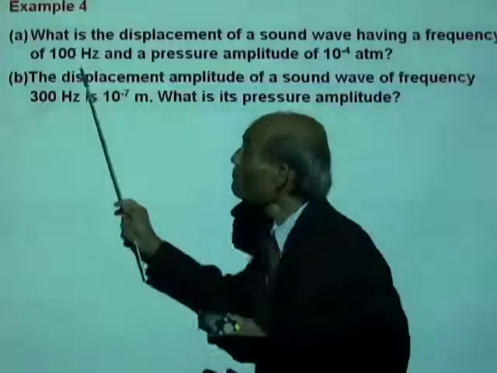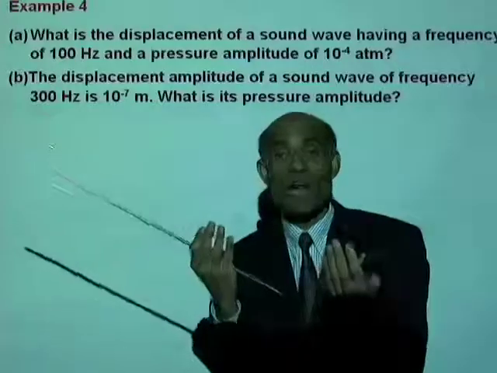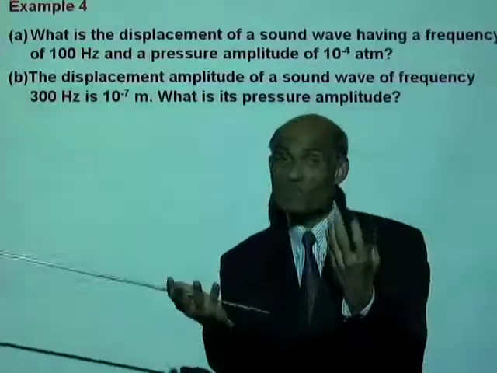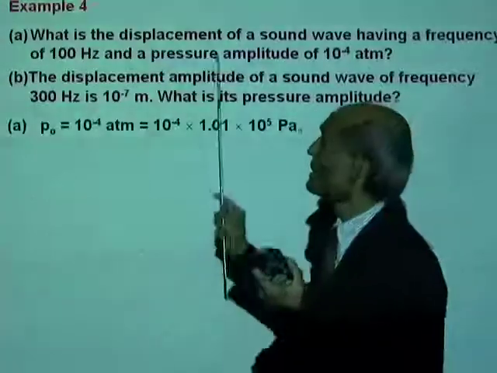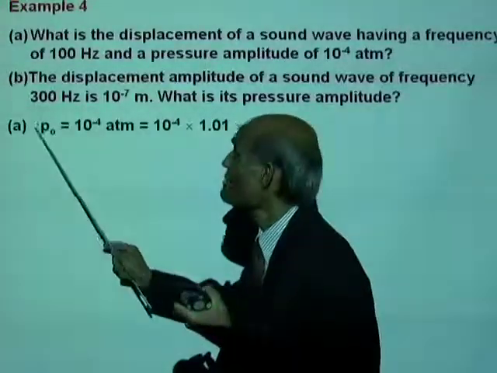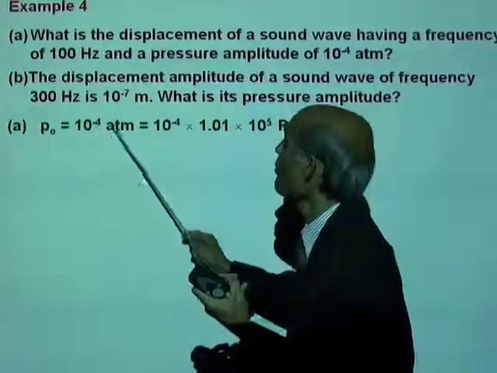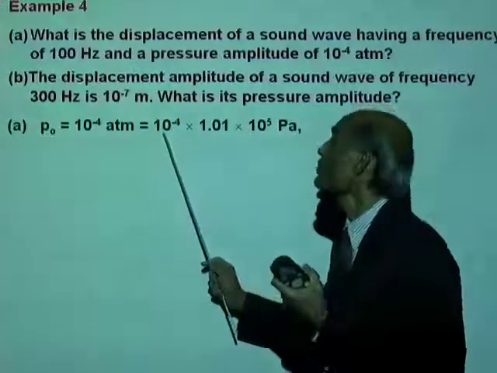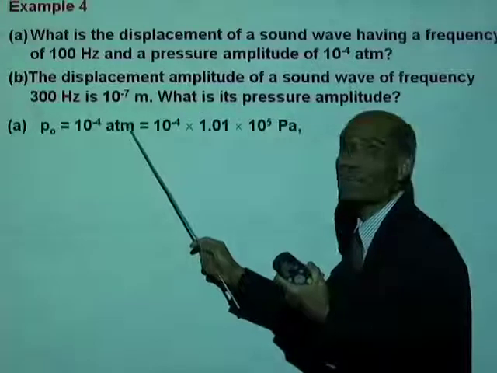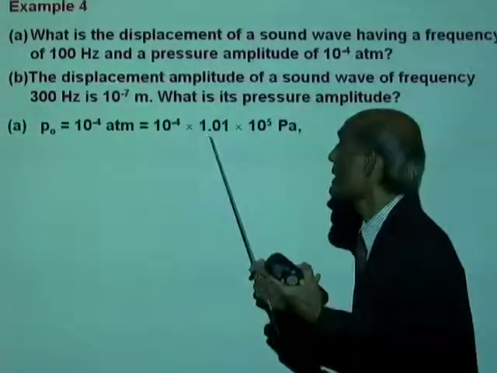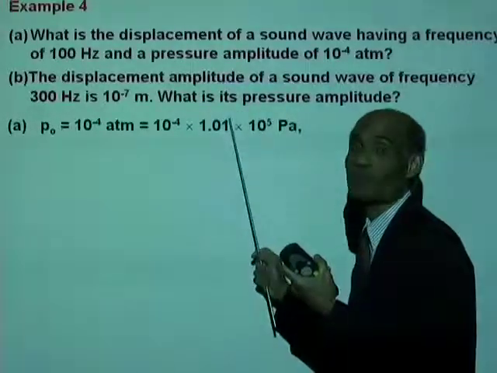Alright, so both these are using the relation between pressure amplitude and displacement amplitude. Well, I don't think you remember that equation I gave you. Let's pick the data. Pressure amplitude in part A is 10 to the negative 4 atmosphere, which when converted to Pascal, remember, atmosphere can be converted to Pascal by multiplying by this. This is 1 atmosphere in Pascal.